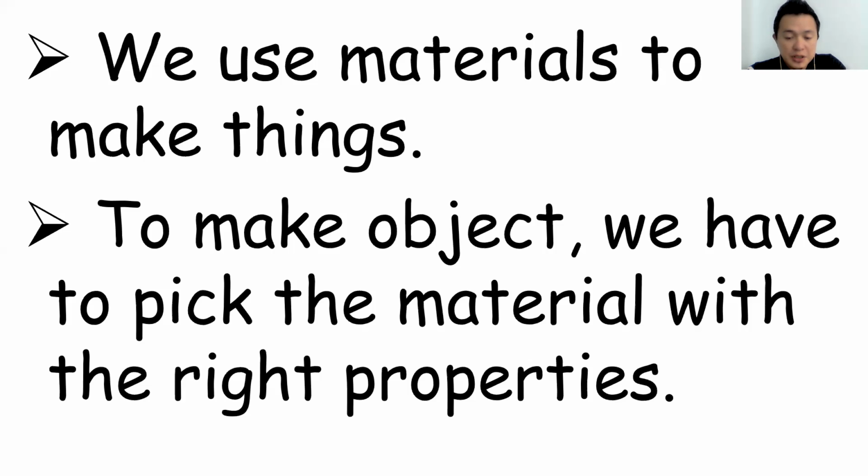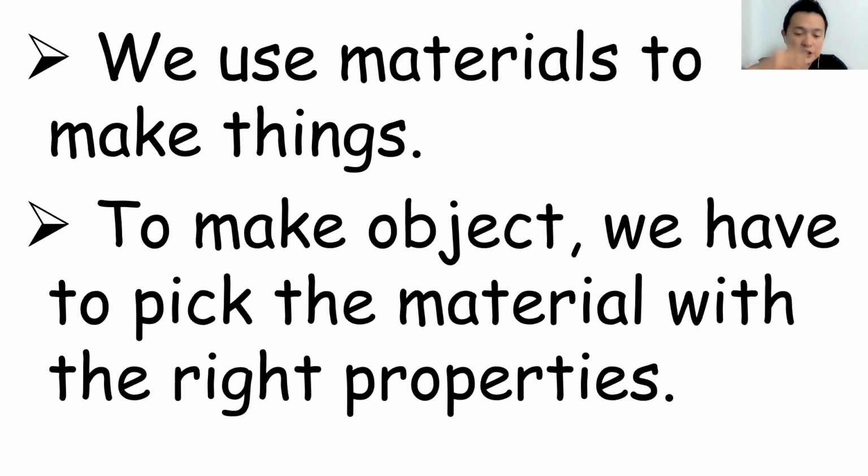Again, if you are going to make a chair, you are going to choose a material which is suitable for making chairs. Of course, it's either made of plastic, made of metal, made of wood. Those are the materials that are good for making those things.